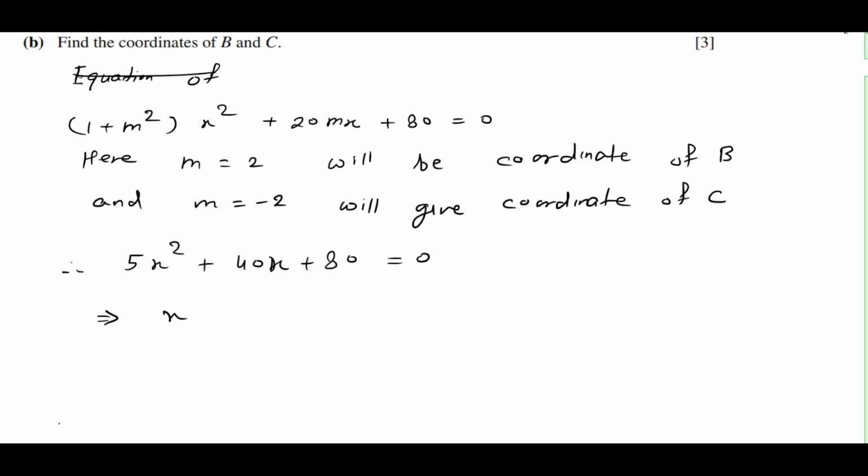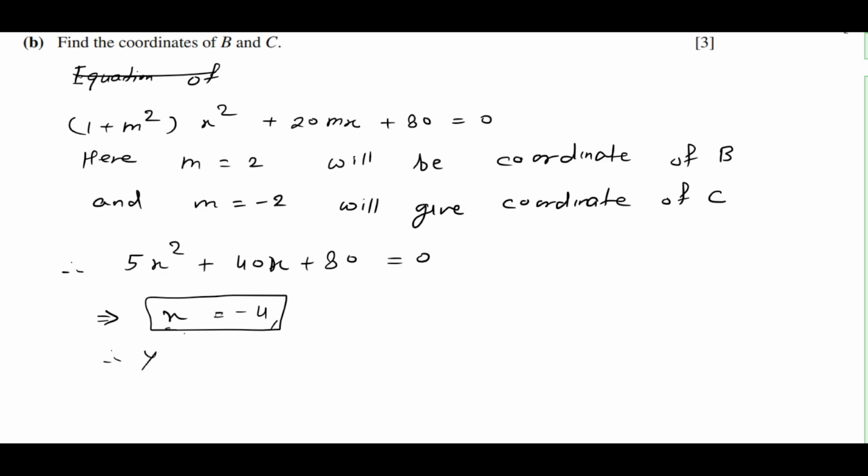In this quadratic equation the coefficient of x² is 5, then 40, then 80, so x is −4. That's it, because here it is a tangent, so it will give me one value only, x = −4.